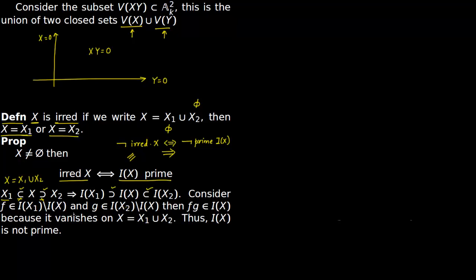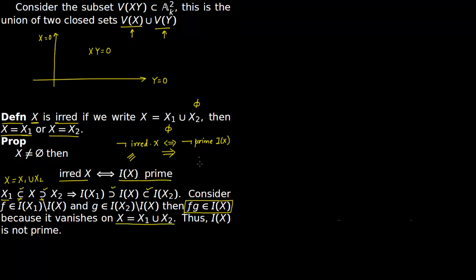Now you consider a polynomial f. This lies in the ideal of x1, but it does not lie in the ideal of x. And you consider another polynomial g. This lies in the ideal of x2, but it does not lie in the ideal of x. But you will notice that fg lies in the ideal of x. Now this is because f times g vanishes on x.